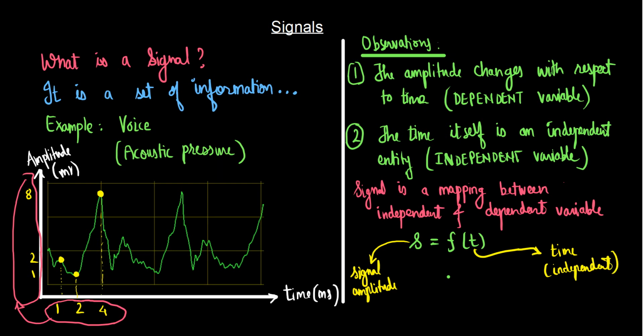The signal, or the amplitude here, is the dependent variable, whereas this f indicates the function or mapping. Therefore, this notation says that this signal is a function of time.